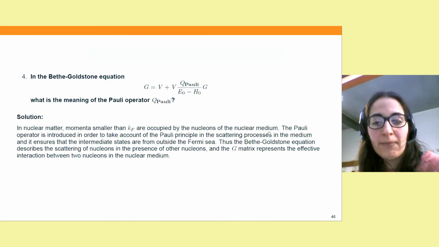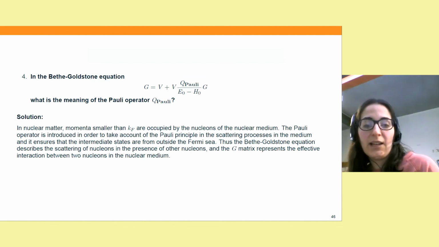And this Pauli operator takes into account the Pauli principle, right? That the nucleons that are scattering have to have momenta that are not occupied by other nucleons. So these have to be momenta outside the Fermi sea.